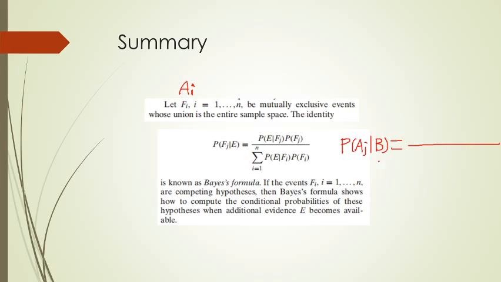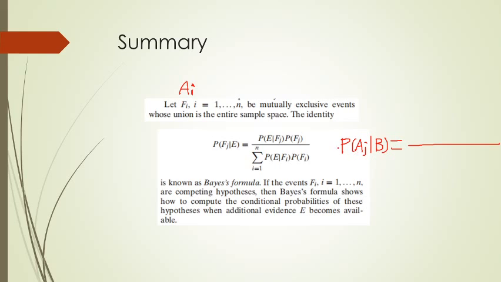That means the effect. Think about the cause-effect relation model, okay? So that means the effect B has been observed or has occurred, then what is the probability for the cause j to come? Because when the effect B occurs, there might be several causes, right?